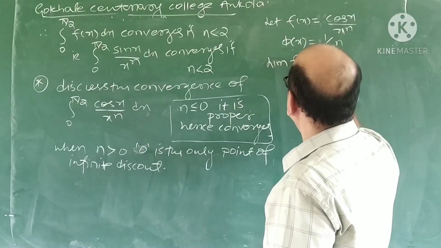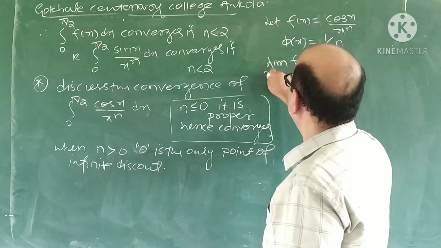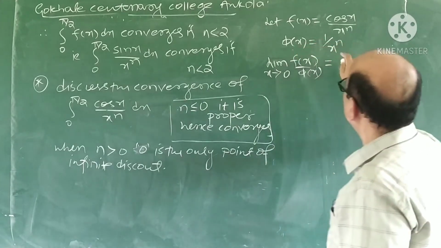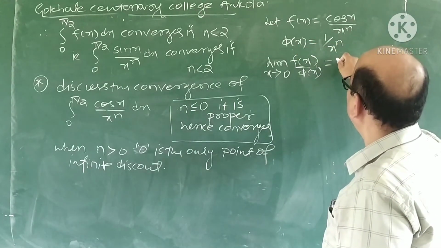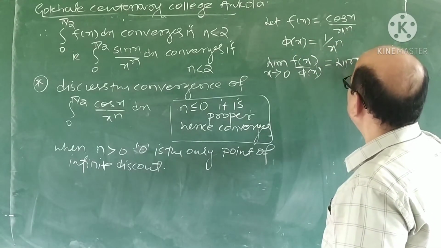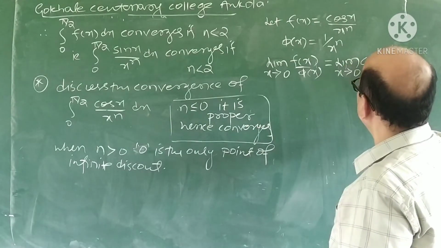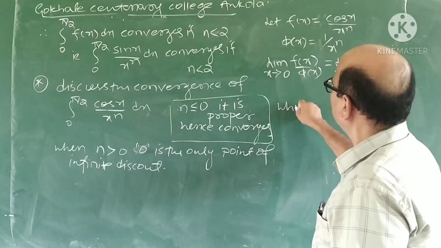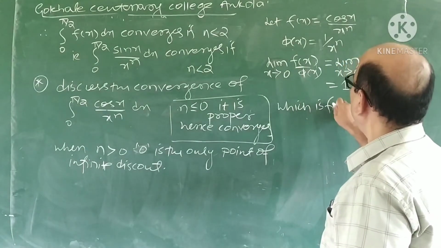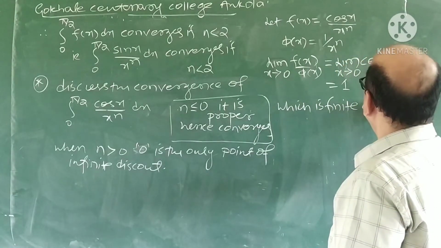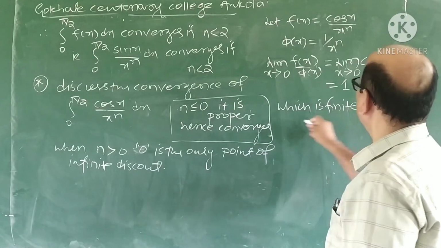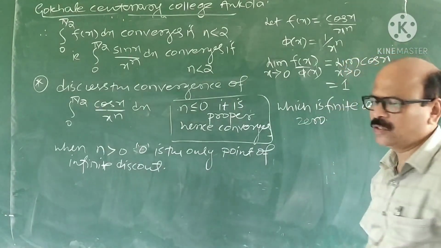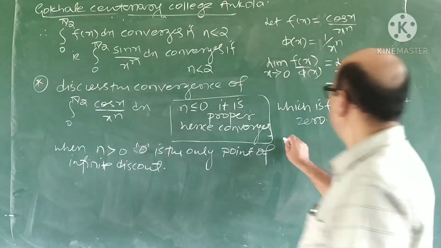Next is the limit of f(x) by phi(x) as x tends to 0. Take f(x) by phi(x), it becomes cos x, and the limit as x tends to 0 of cos x, cos 0, is 1, which is finite and not 0. So what is the conclusion?